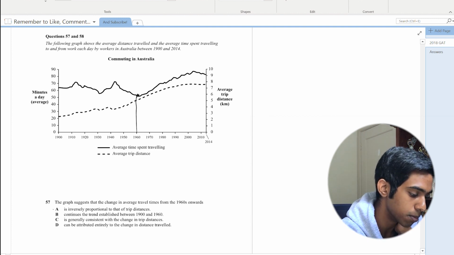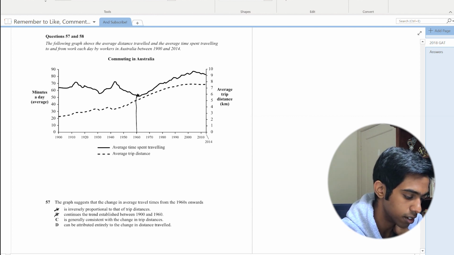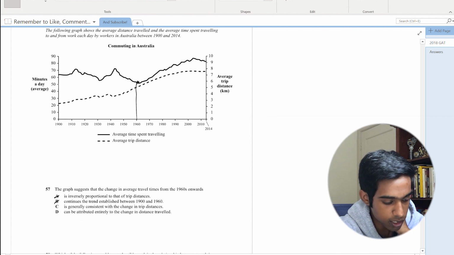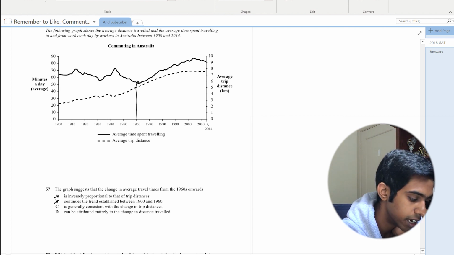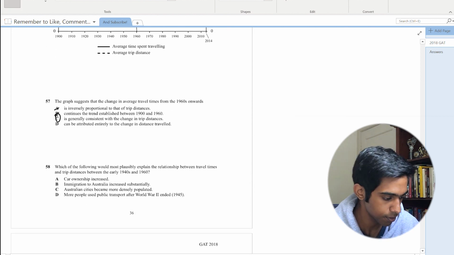It's not inversely proportional. It doesn't continue the trend from here to here. Is generally consistent with the change in trip distances. Yes, I do think that's true. And it can't be entirely contributed to the distance traveled because you don't actually know.